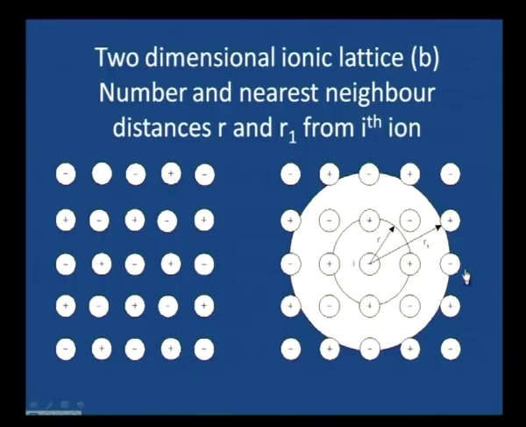That is what you see here: a negative ion, positive ion, negative ion, and so on. If you take the negative ion, the nearest neighbors will be positive ions at the same distance. You see the first circle, they are the nearest neighbors. The number of nearest neighbors is called the coordination number.